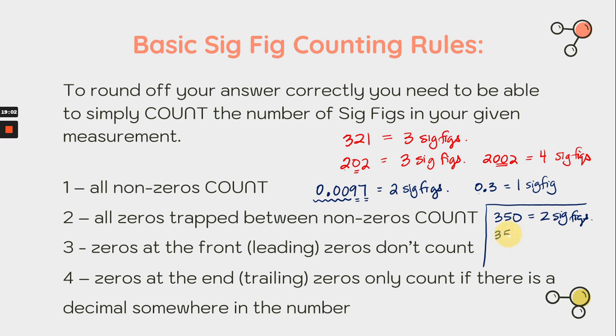If I take this number and I put a decimal at the end, now I'm telling you I'm sure it's 350. I had the ability to measure this ones place, and I'm sure that it's 350 decimal. So this is 3 sig figs. And then we can add another one like this.